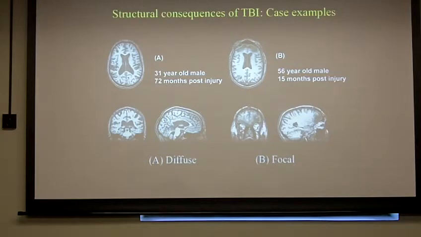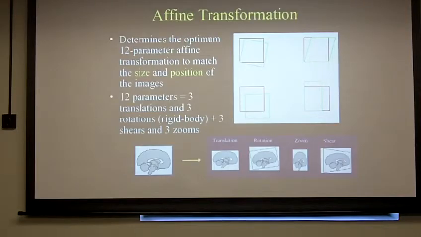One primitive way of dealing with this issue is something called affine transformation or linear transformation, and it determines the optimum 12-parameter affine transformation to match the size and position of the images. So this is rotation, this is translation. So you move the red square to the position of the green square, and this is zooming in the x direction or y direction.